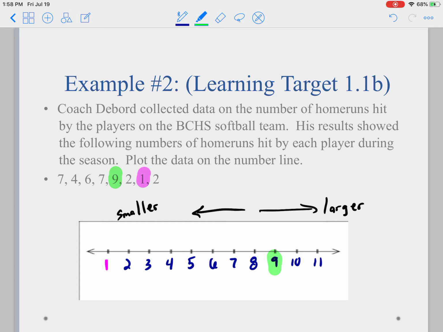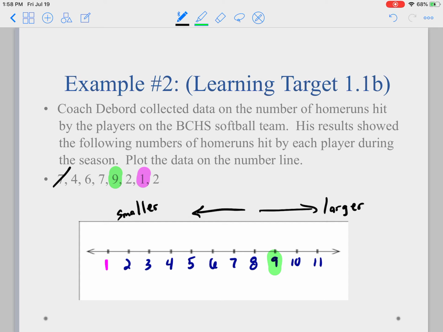And so to plot these values, I will take a dot for each number and place it above the corresponding space on the number line. So let's begin with this number 7. Well, notice that I marked it out because I don't want to forget a number. That is one of the most common mistakes that I see, that we overlook or forget to include a number from a large data set.